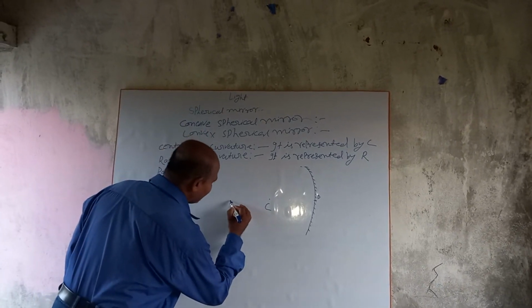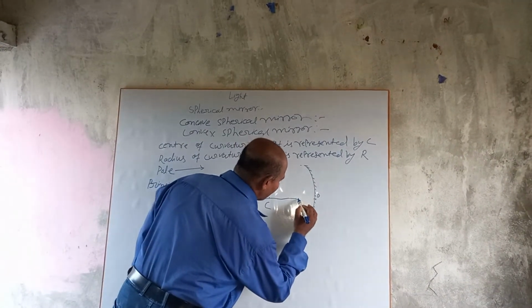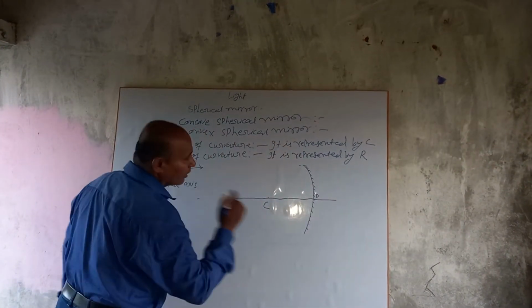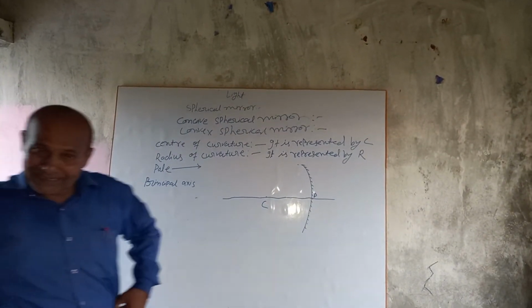A straight line passing through the center of curvature and pole of the mirror is called principal axis.